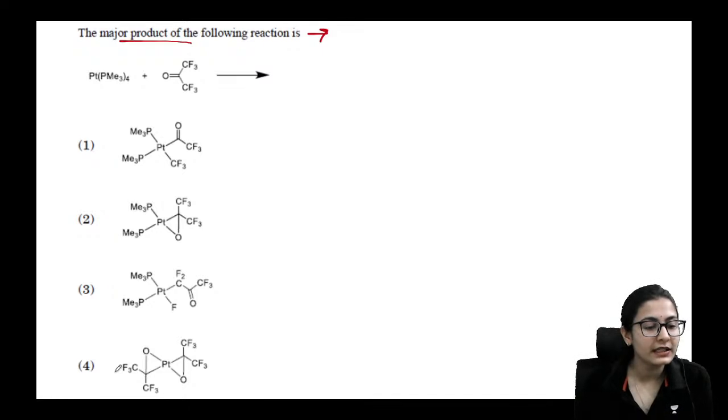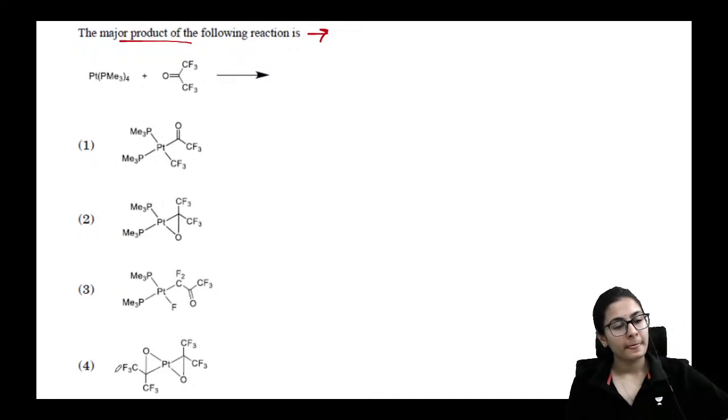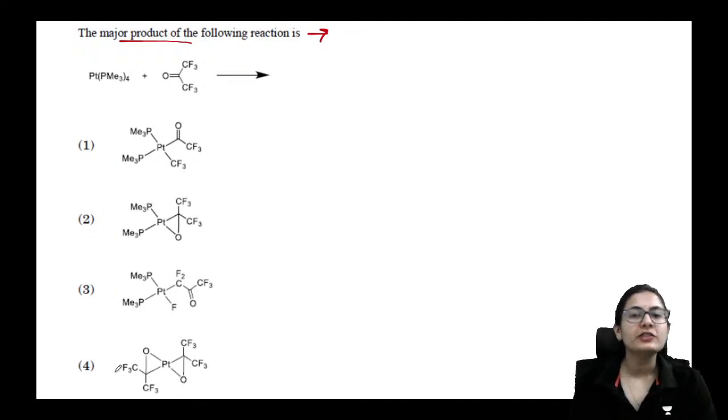Yes, guys. So what is the correct answer? Okay, ये देखो, major product of the following reaction. So what do you expect, guys? What can happen over here?